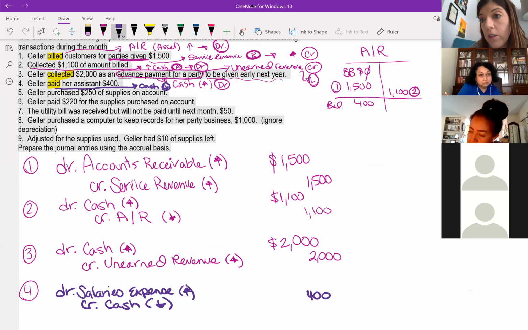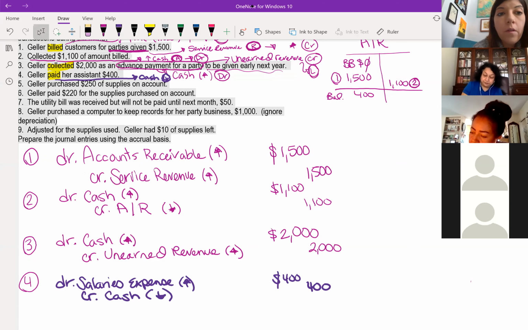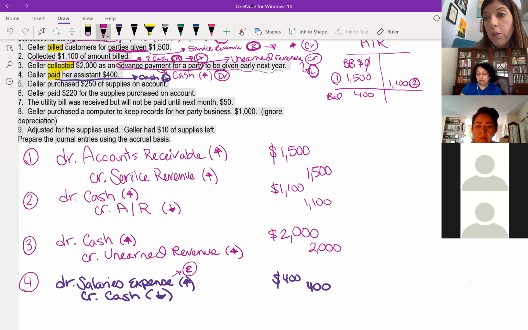You're not getting paid until you actually work. So you've incurred that expense, or the company has incurred the expense because their employee has worked for them. And what account does that go under? Expenses. Salary expense is an expense account. Correct. Expenses increase with a debit. You're pretty much always going to debit expenses with a few rare exceptions in this class.